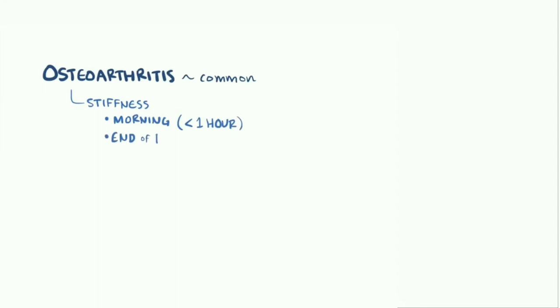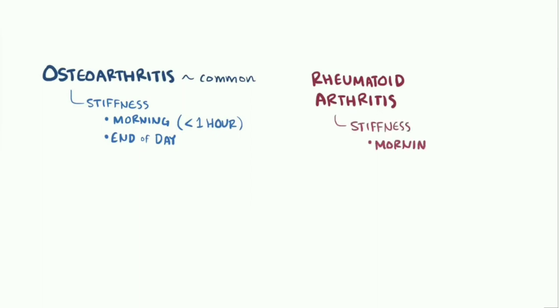Arthritis is really common, and we know people suffer from it. People with osteoarthritis often feel stiffness in the morning that lasts less than an hour and comes back at the end of the day. This is an important difference from rheumatoid arthritis, an inflammatory disease that also affects the joints, in which stiffness usually lasts longer than an hour.